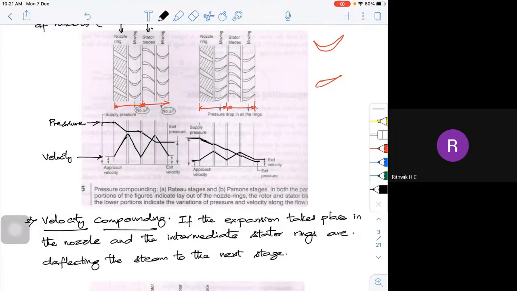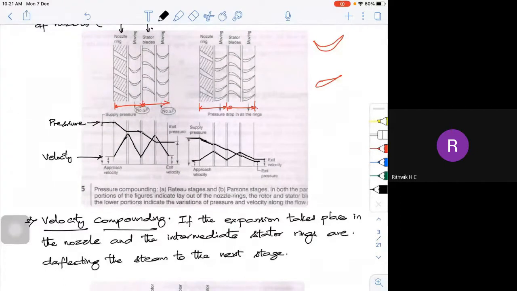The fluid enters at a certain velocity, then it gets expanded in the nozzle. Expansion in a nozzle means there is an increase in velocity. Expansion in a rotor of a turbine means there is a drop in velocity. Try to understand this particular meaning. There is an increase in velocity in the nozzle and a decrease in velocity in the rotor.